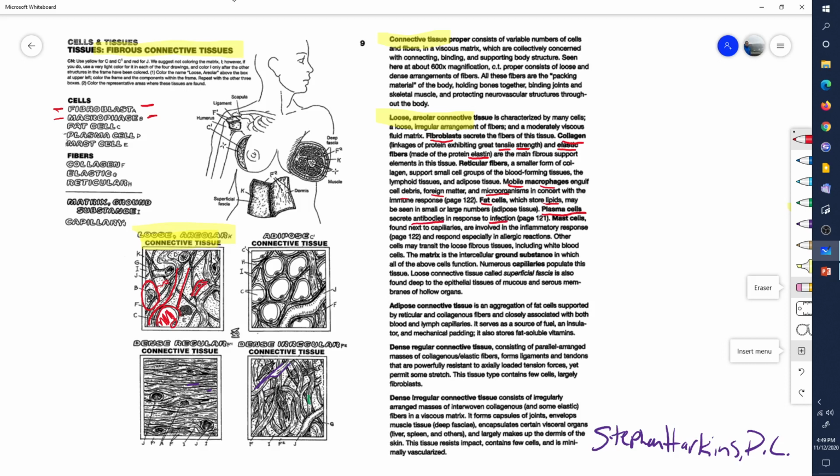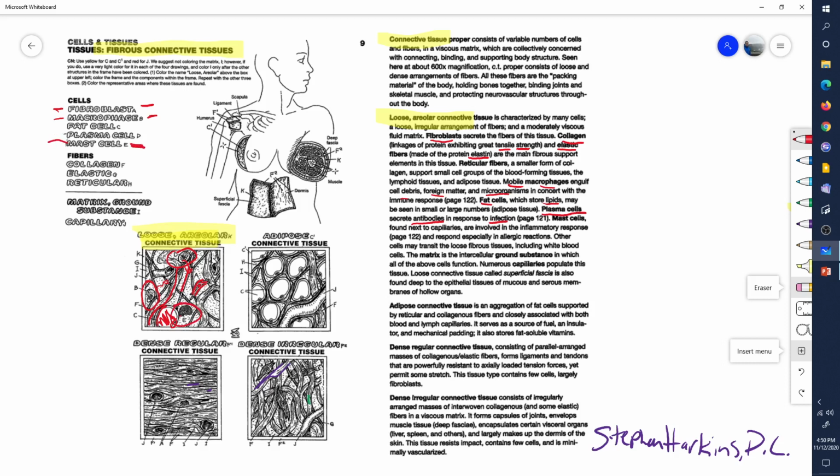So it's right here, and he secretes antibodies, or proteins, that will attack foreign substances or microorganisms. The third type of immune cell found in loose areolar connective tissue is a mast cell.